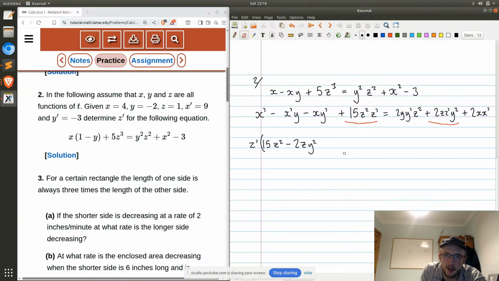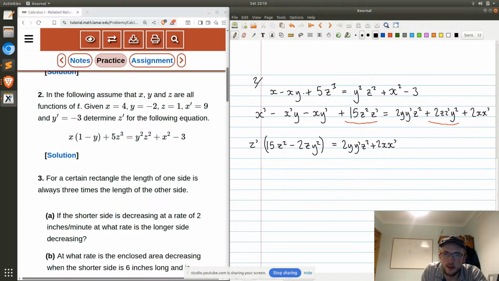I'm going to eliminate that. Move that over a little bit. Okay, that's great. Now, everything else on the other side. So, first, the things that are already on the right-hand side. So 2yy prime z squared plus 2xx prime.